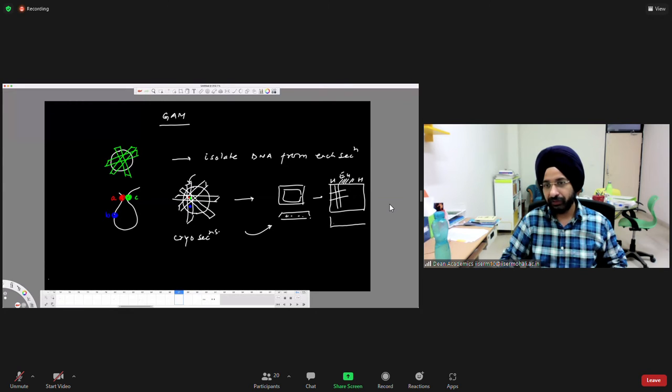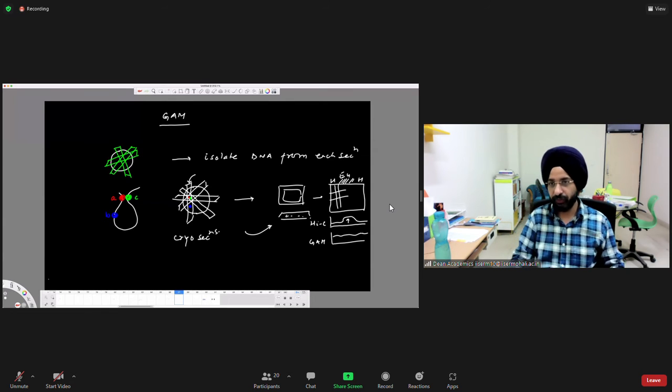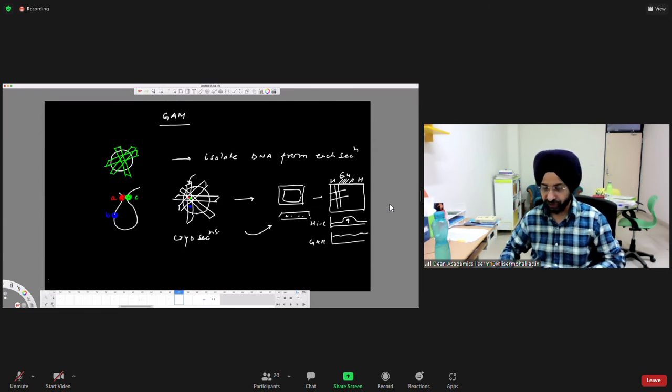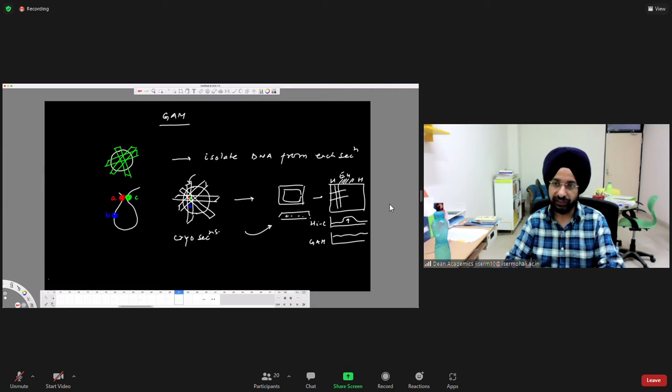What people found is that the reads look like that. So there is a skew in the euchromatin, where they are being mapped. The moment you plot for GAM, it turns out that there is no such bias. Whether it's heterochromatin or euchromatin, coverage is the same. So what I plotted here is the coverage.